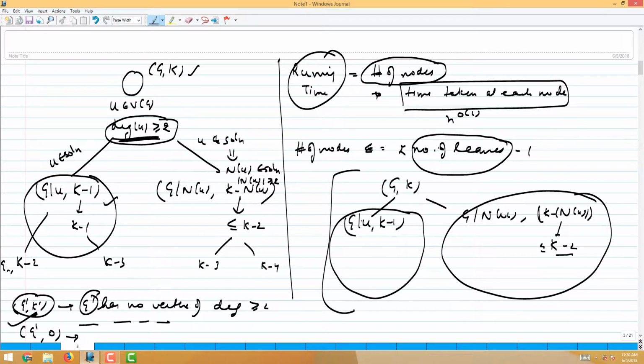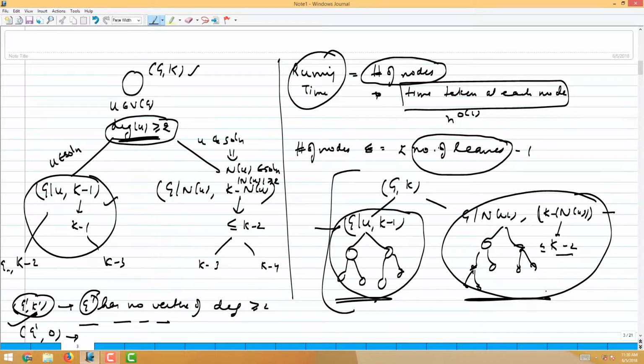Look at the branching tree which is rooted at this instance, and a branching tree rooted at this instance. If I'm able to compute the number of leaves here and the number of leaves here, then I'll just add both these up to get the number of leaves in the total branching tree, right? Right? So now can you think of any recurrence?